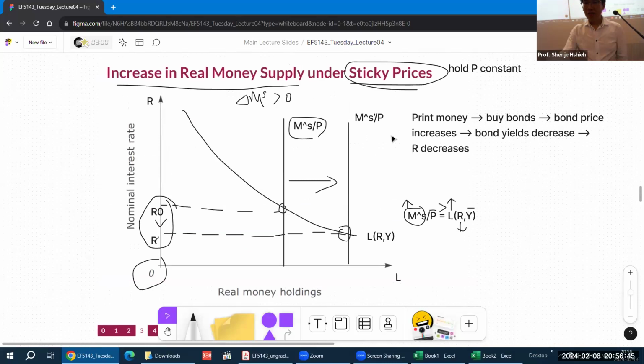In the short run, we have sticky prices. Monetary policy has bite. Interest rates must move in a direction to offset this additional supply of liquidity, and it has to move downward in this case.